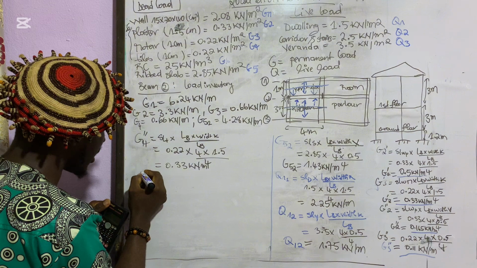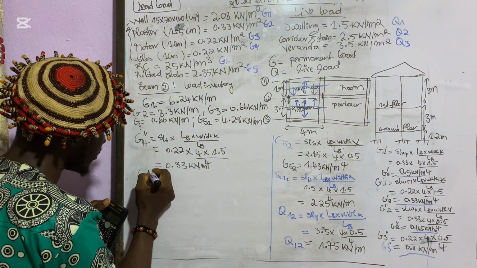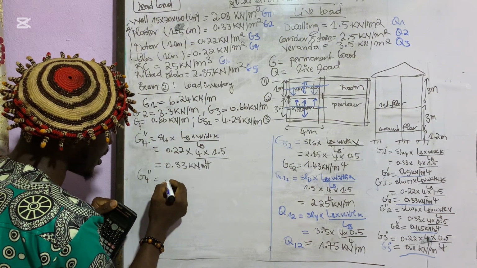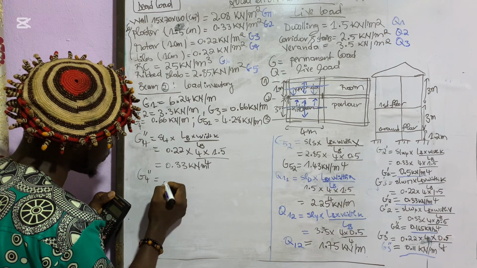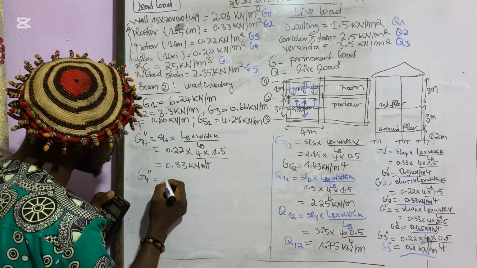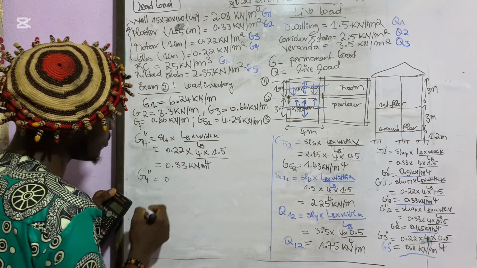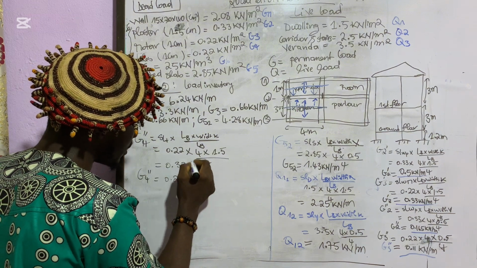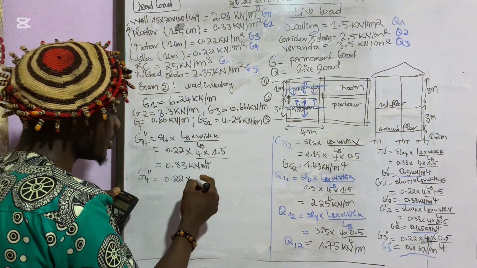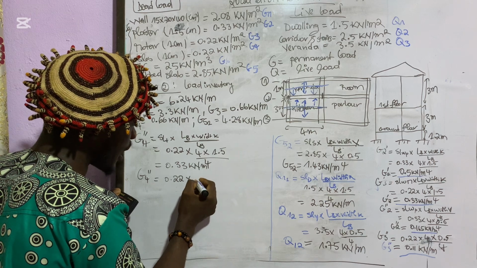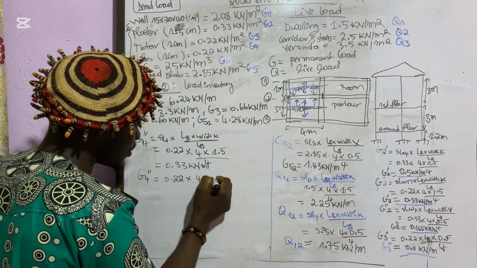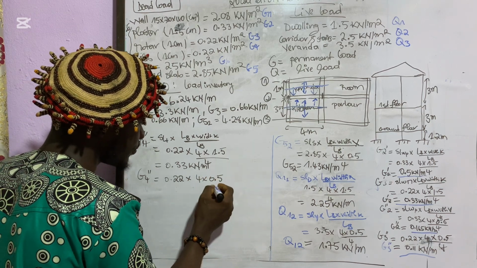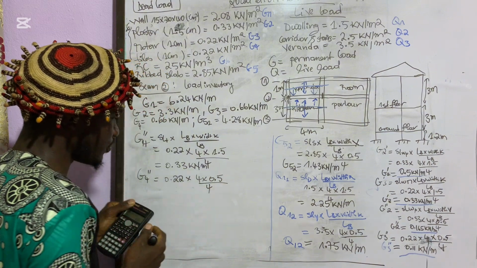Now we're going to calculate G4 prime prime of the veranda. It's going to be 0.22, the same formula, length times width. So we'll just put the numerical application, times 4 times 0.5, divided by 4.